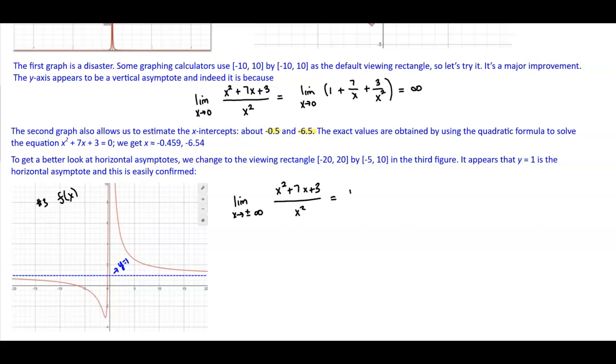So again, we're going to take the limit as x is approaching plus or minus infinity of 1 plus 7 over x plus 3 over x squared. Well, that gives us 1 plus 0 plus 0, which is equal to 1, which tells us that we have a horizontal asymptote at y is equal to 1.